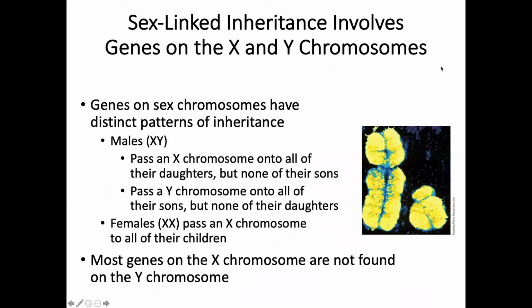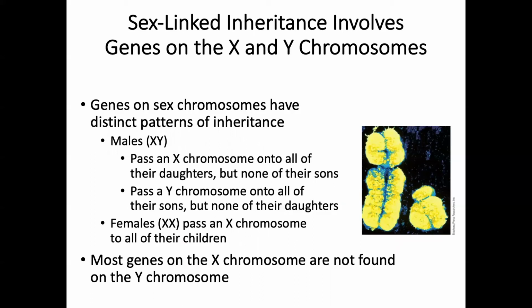Okay, now let's discuss sex-linked inheritance. Before that, let's quickly go over the sex chromosomes. We all know that females carry 2 X chromosomes, and males carry only 1 X chromosome, but there's 1 Y chromosome.